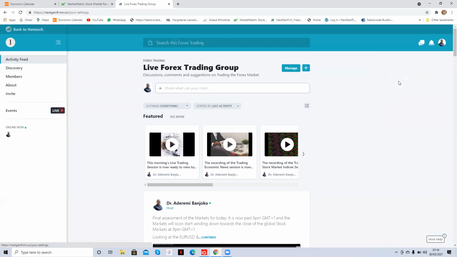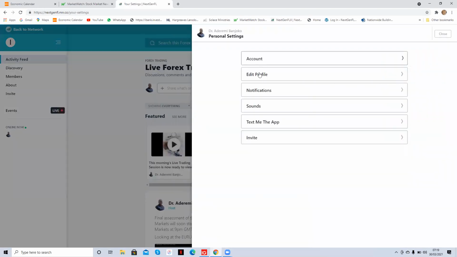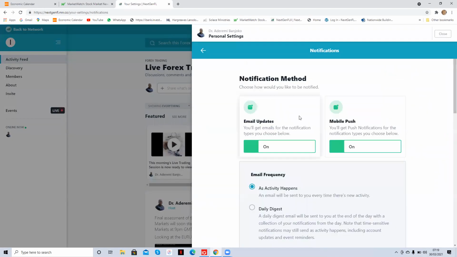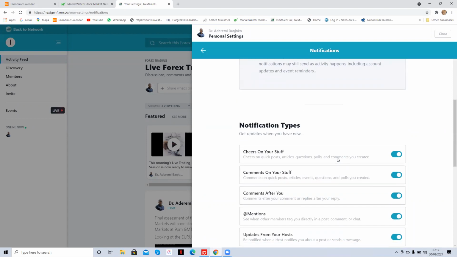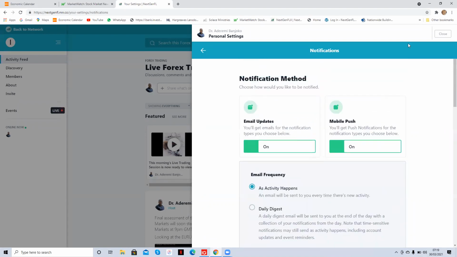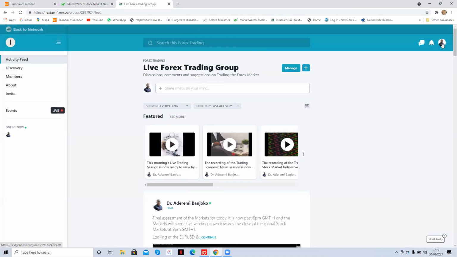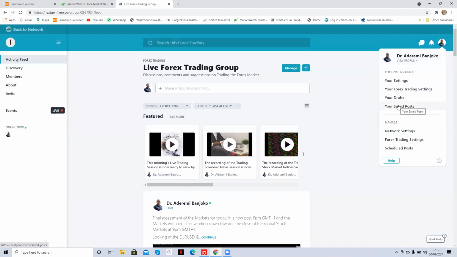Go to your settings, check notifications, and see if your notifications are on. You might have switched off your notification by mistake. You're supposed to check your own notifications. Your settings are there for you to control whether you want to be notified or not.